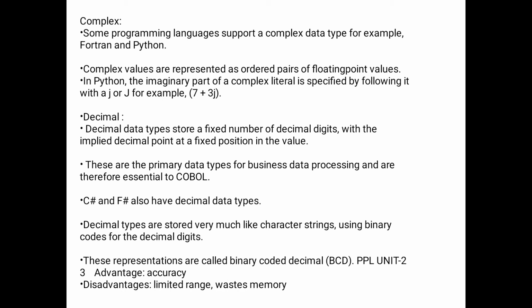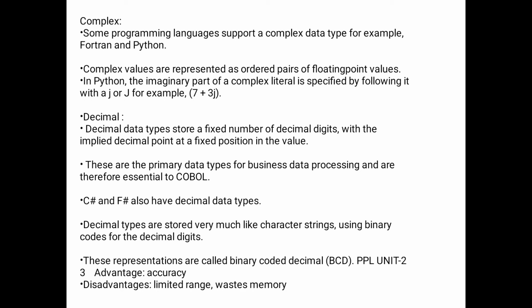Complex values are represented as ordered pairs of floating point values. In Python, the imaginary part of a complex literal is specified by following it with a j, for example 7 plus 3j. 7 is the real number and 3j is the imaginary number.